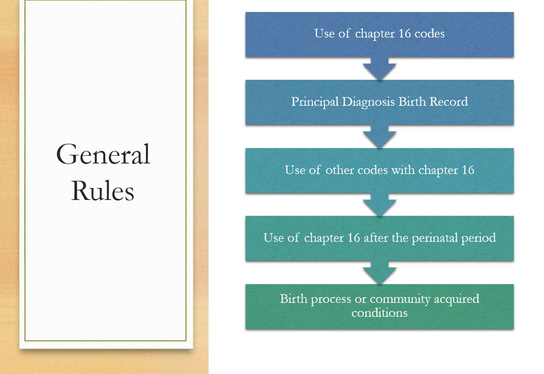If the condition, however, is community-acquired, a code from chapter 16 would not be assigned. Let's say that again. If it's due to the birth process, you're going to use a code from chapter 16. If it is a community-acquired condition, a code from chapter 16 should not be used.